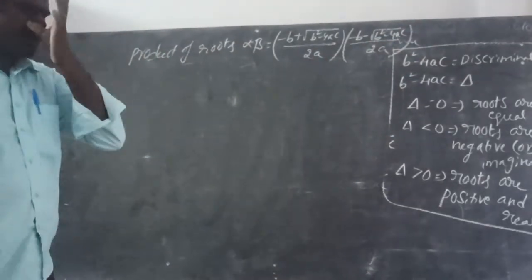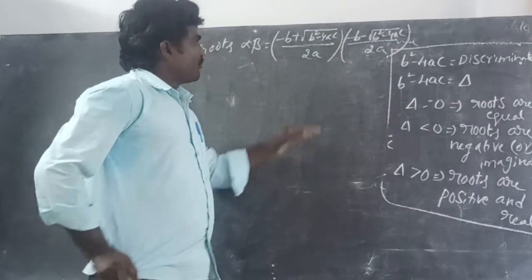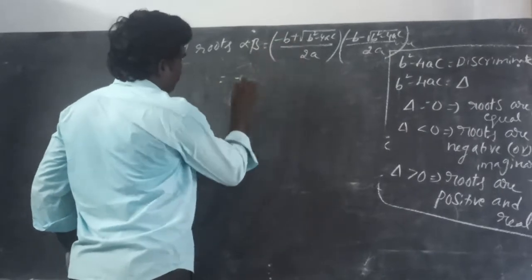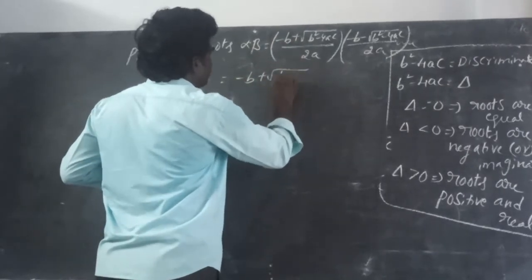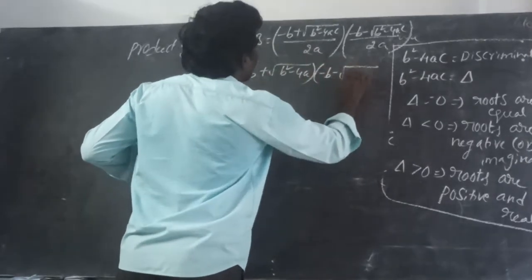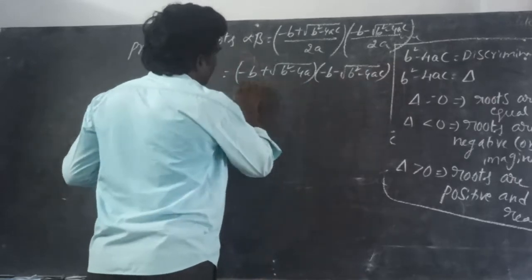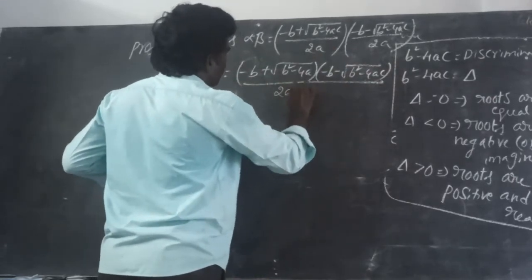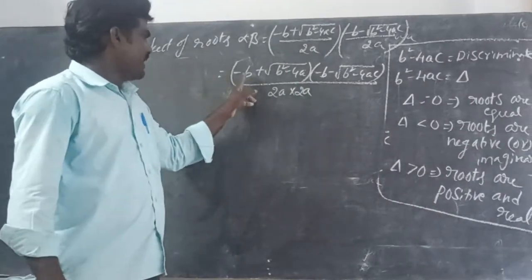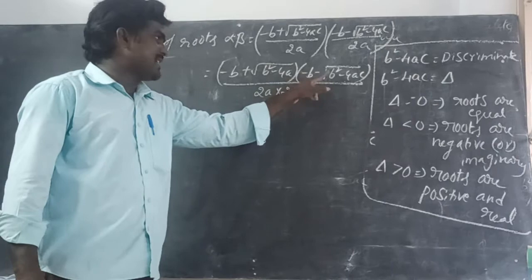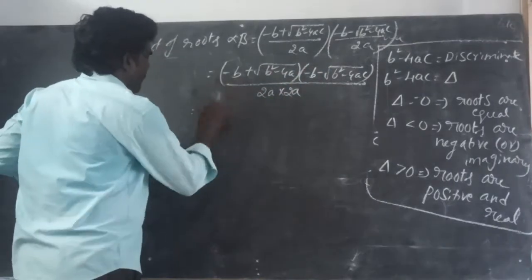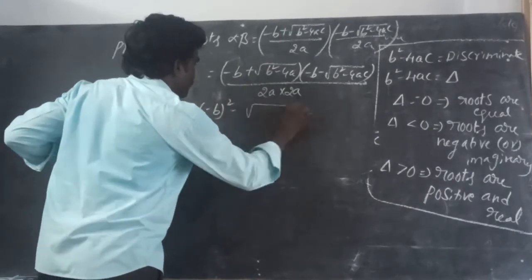Now the product of fractions: numerator multiplied by numerator, denominator multiplied by denominator. So here it is in the form of a plus b into a minus b, which is equal to a square minus b square.